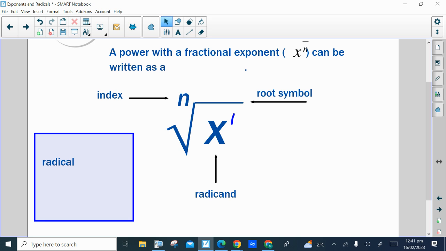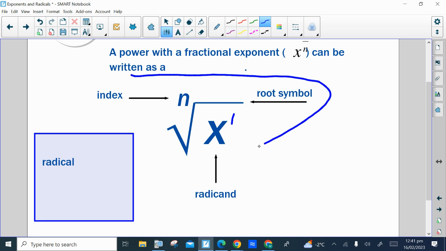The whole thing is known as a radical. So if we put a circle around this whole thing, the whole thing is known as a radical. But the radical has two important parts. The index tells you what root it is. The radicand is the number or letter that is under the radical. So those are the different pieces that we're going to be talking about.